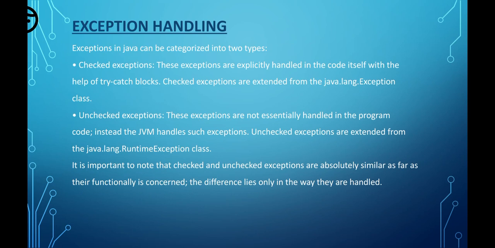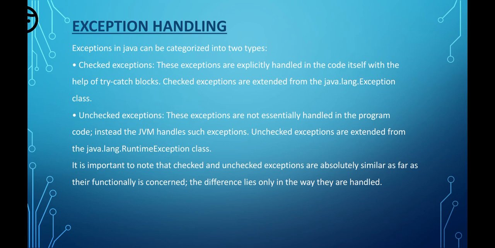Here you could see these exceptions are divided into two types, checked exceptions and unchecked exceptions. Checked exceptions are explicitly handled in the code itself with the help of try catch blocks. Checked exceptions extend from the java.lang.Exception class, whereas unchecked exceptions are not essentially handled in the program code.